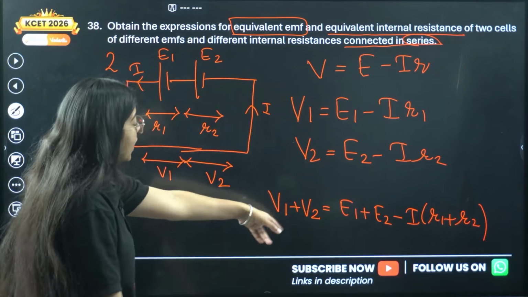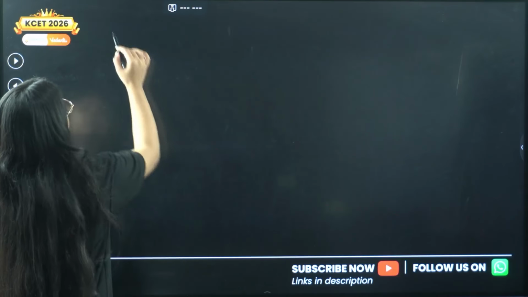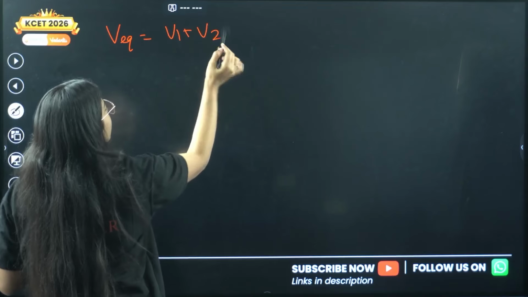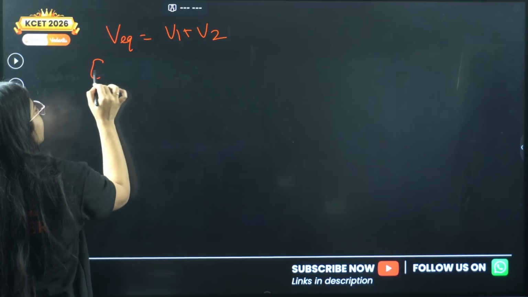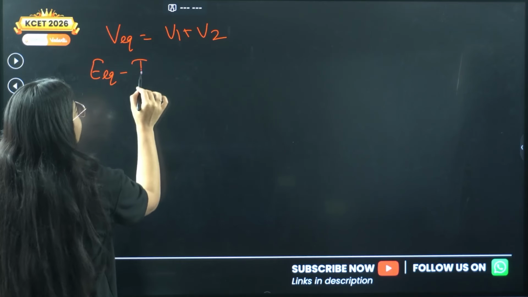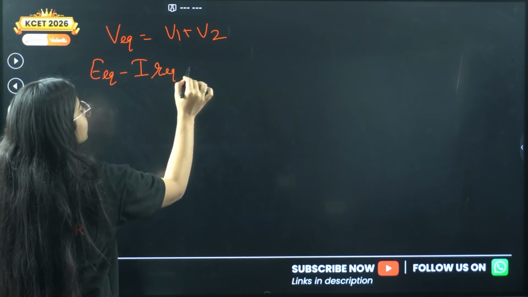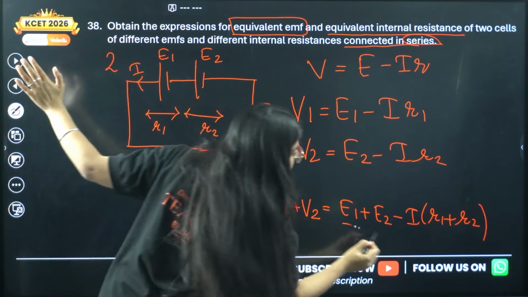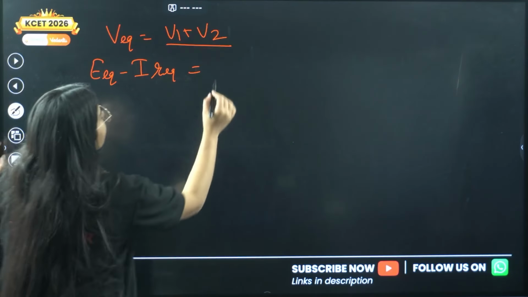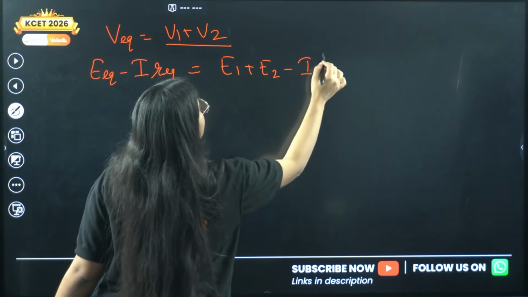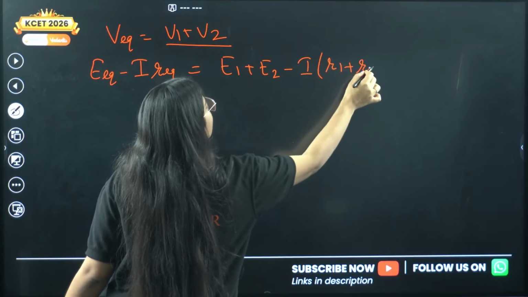Correct? Now equivalent resistance. If V equivalent equals V1 plus V2, correct? So we can also write this as E equivalent minus I, which is same, R equivalent. And V1 plus V2 came out to be this whole expression, which is E1 plus E2 minus I into R1 plus R2.